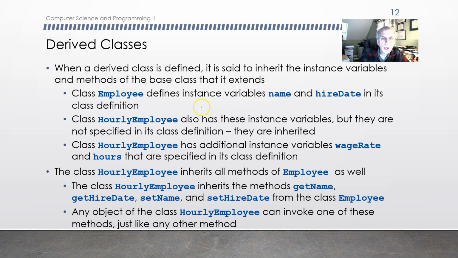That's the base class. So class employee defines name and hire date, so hourly employee would get name and hire date. Those things would be inherited. Okay, let's take a look at this in action. I'll go into my IDE and show you how it works.